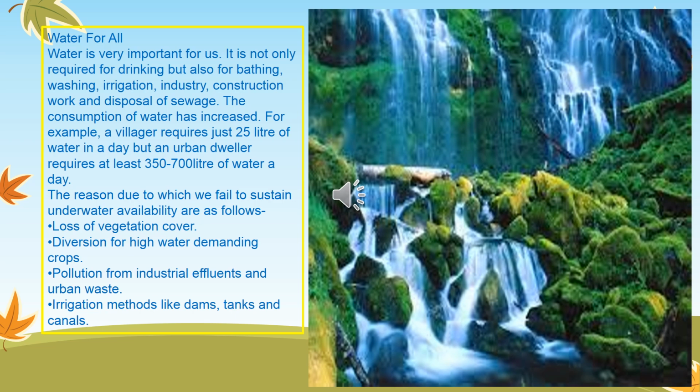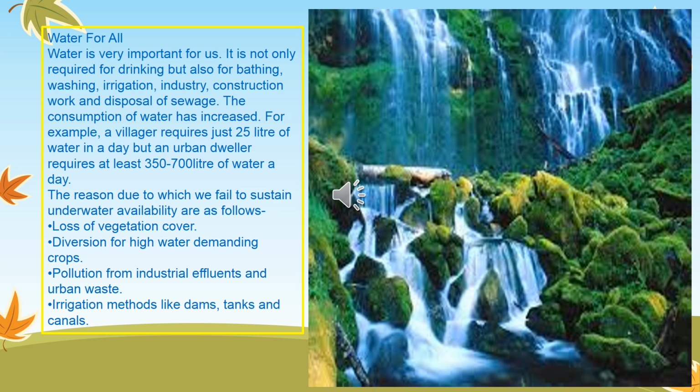For example, a village requires just 25 liters of water in a day, but an urban dweller requires at least 350 to 700 liters of water a day. So the consumption has increased, and it has also led to a shortage of water.